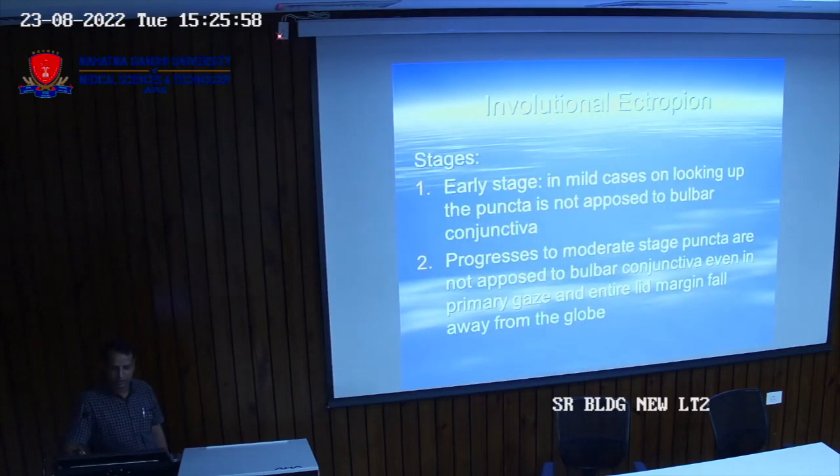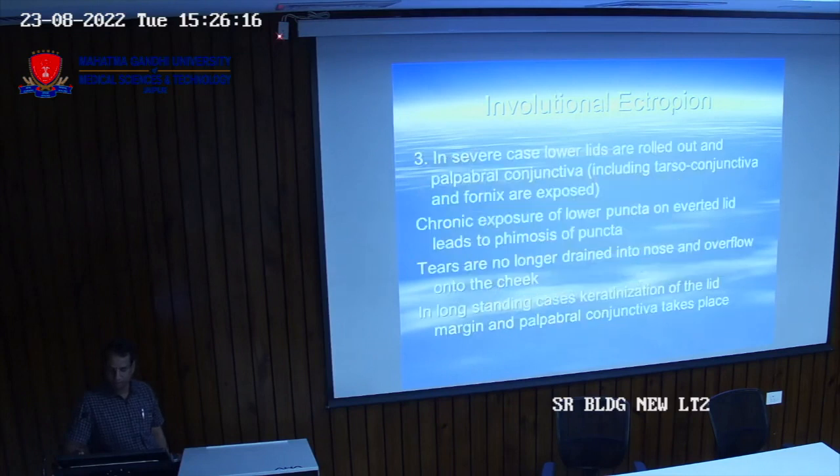Involutional stages: early stage, in mild cases, on looking up the puncta is not opposed to the bulbar conjunctiva. In stage 2, moderate stage, the puncta are not opposed to the bulbar conjunctiva even in primary gaze, and the entire lid margin falls away from the globe.